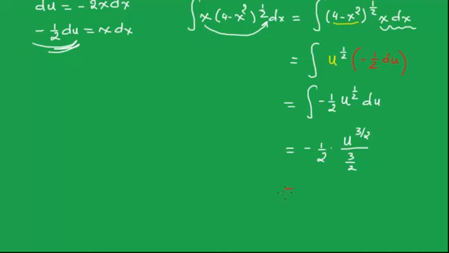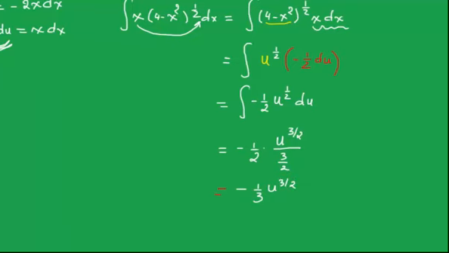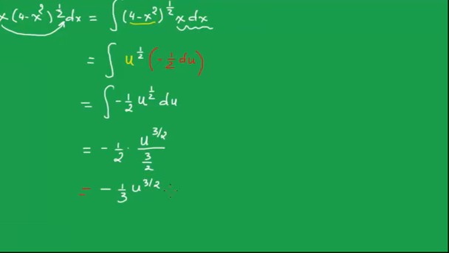So this becomes, after simplification, negative 1/3 u to the 3/2, which is the same as negative 1/3.